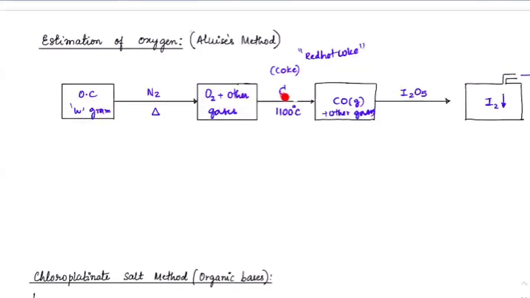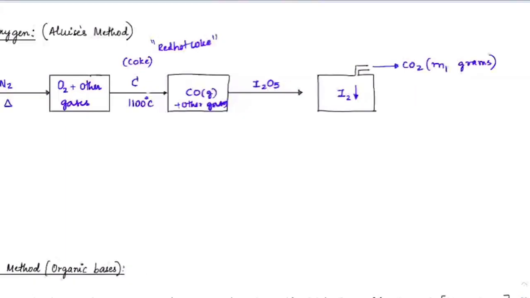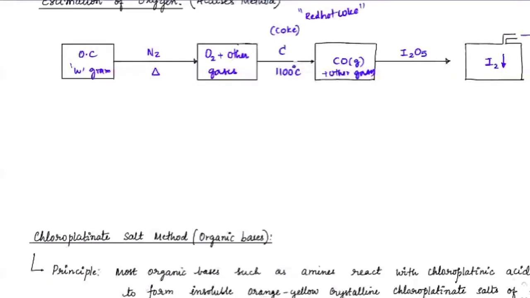On reaction with red hot coke, it would get oxidized to form carbon monoxide. That carbon monoxide is treated with I2O5 to form I2, and when forming I2, this CO will get oxidized to form CO2, and that CO2 gas is collected. So overall, let me write the reactions.